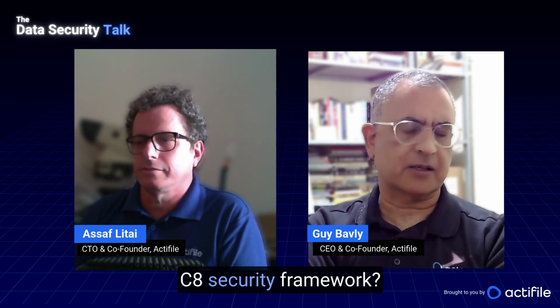Is CIS 8 a stepping stone in the way of implementing those privacy frameworks or regulations? Is that something you recommend doing side by side? How do you perceive this very interesting relationship between those privacy regulations and the CIS 8 security framework?